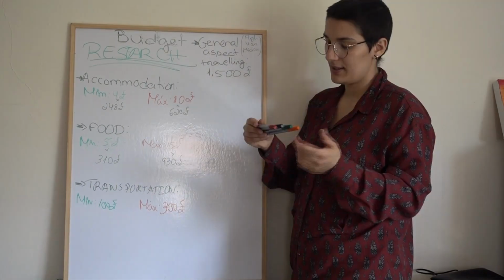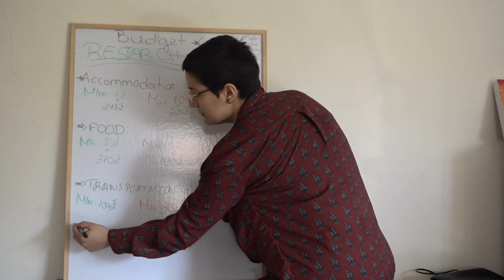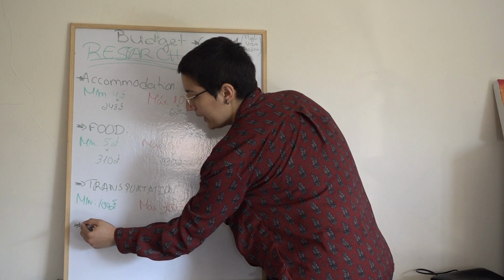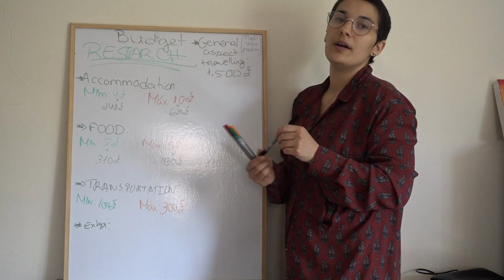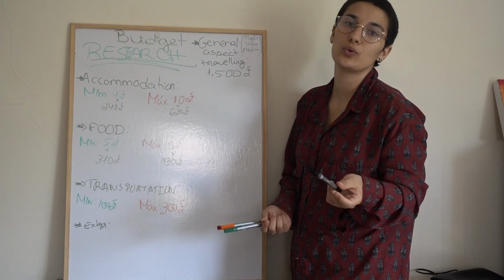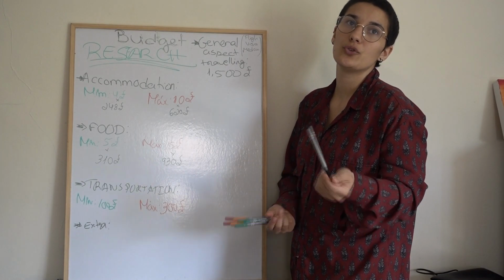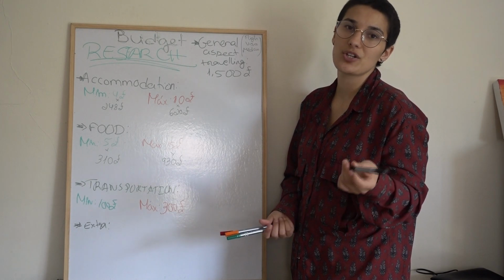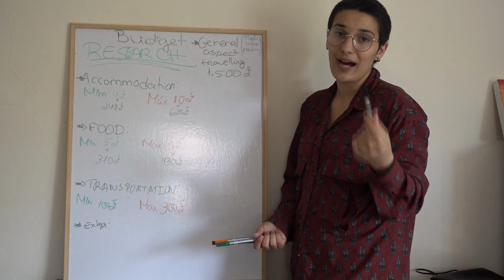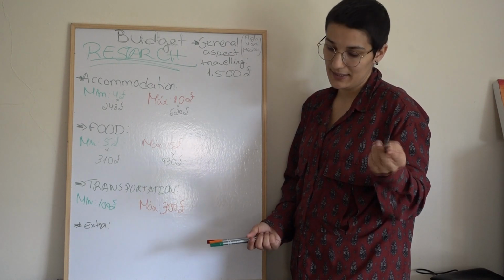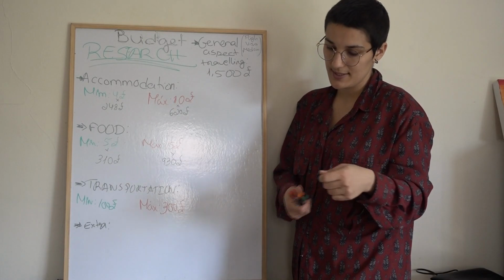pounds. The last category is extras. So what is extras? It's if you want to go to a monument, the entry fee. If you want to do a special activity, for example, I'm thinking about doing my diving course in Thailand, so that's an extra, so I put it on that.